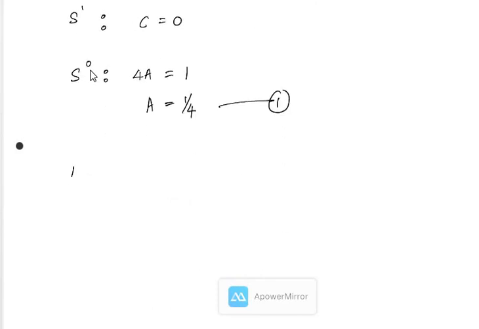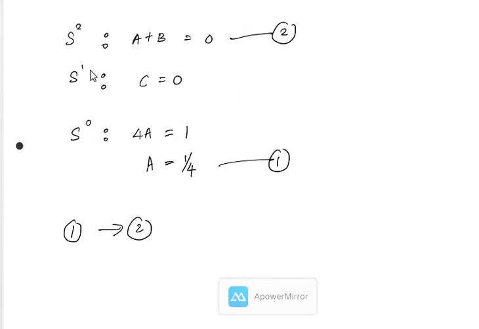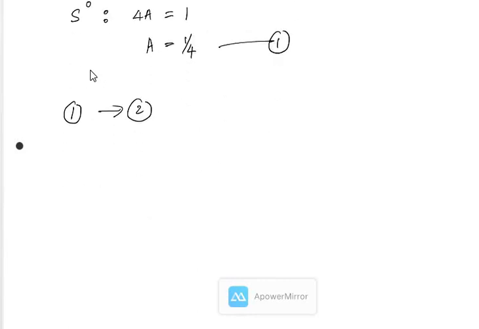So I insert the value of a from equation number 1 into equation number 2. Equation number 2 is a plus b equals 0, so 1 over 4 plus b equals 0, and b equals minus 1 over 4.